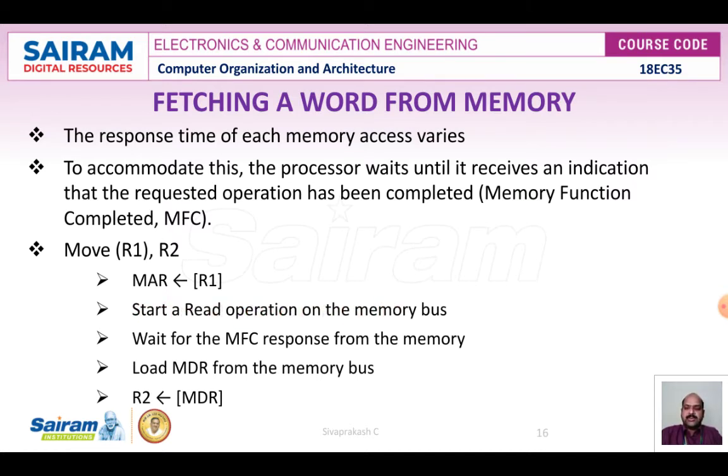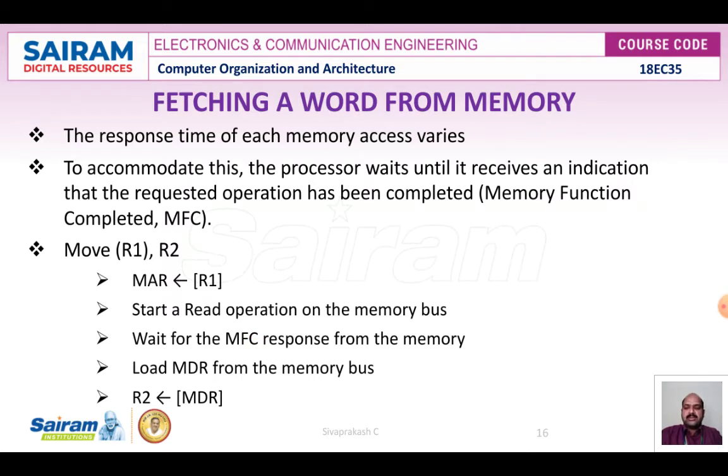Later, the processor has to wait to receive an indication that the requested operation has been completed or not, so it needs to wait for a memory function complete response from the memory.